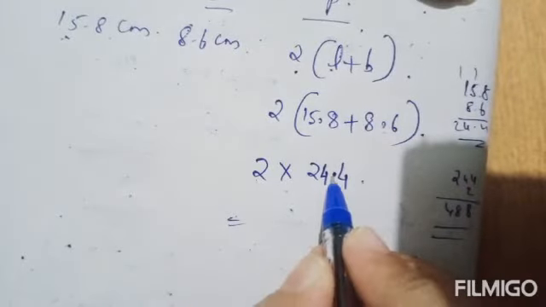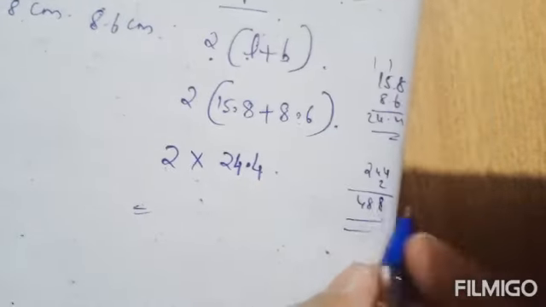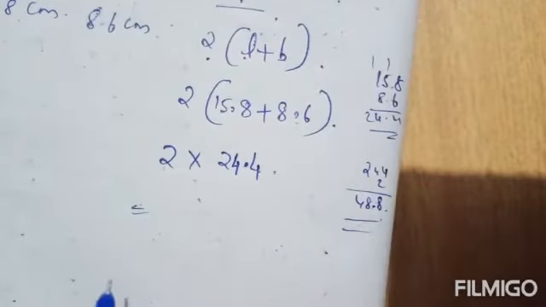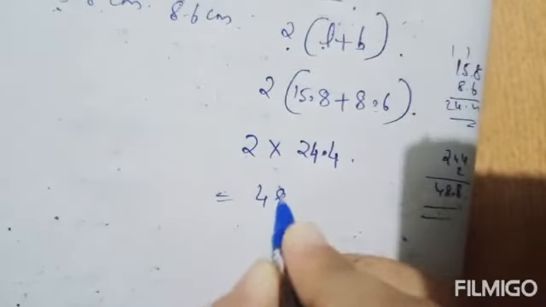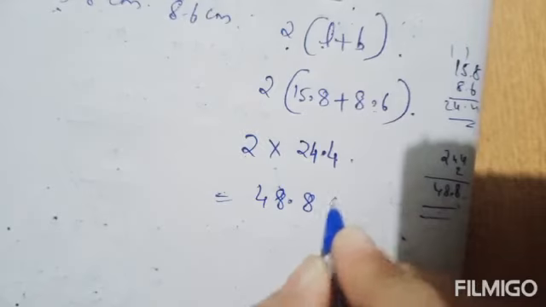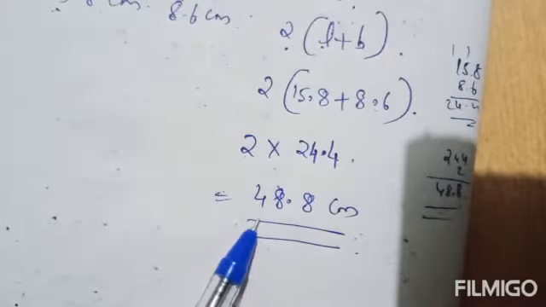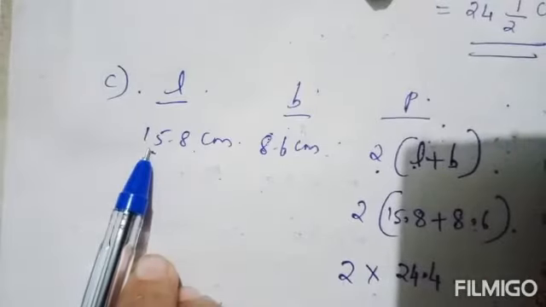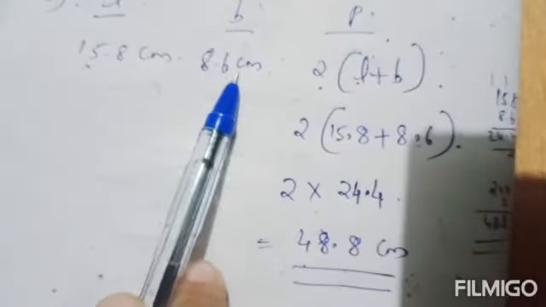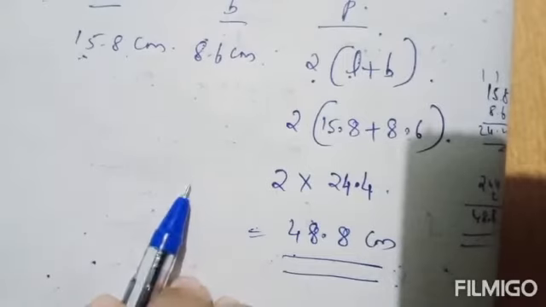But after decimal point 1 digit is coming. So here also after decimal point 1 digit should come. So 48.8 unit will be centimeter. This will be the perimeter of rectangle whose length is 15.8 centimeter and breadth is 8.6 centimeter.